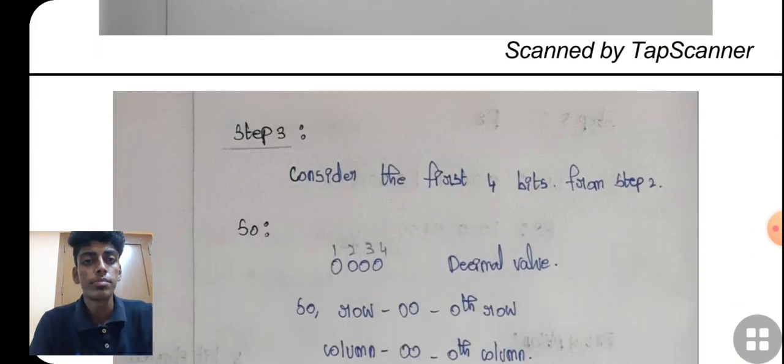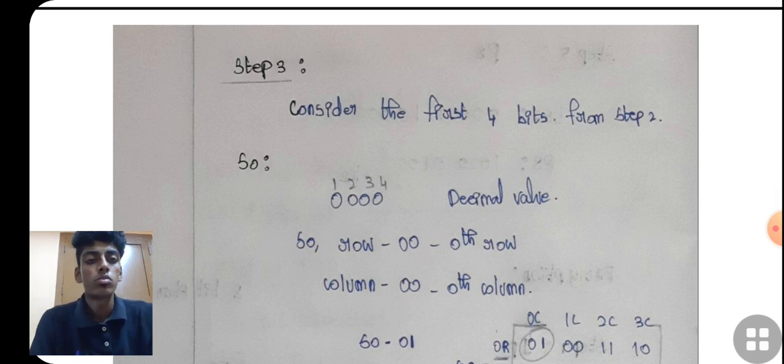In step 3, consider the first 4 bits from step 2. So first we take the first 4 bits for S0, 4 zeros. Now we can do a simple small process. We consider row and column. The first and fourth bits are the row, and the second and third bits are the column. So 0 0 0 0. 0 0 means 0th row and 0 0 means 0th column.